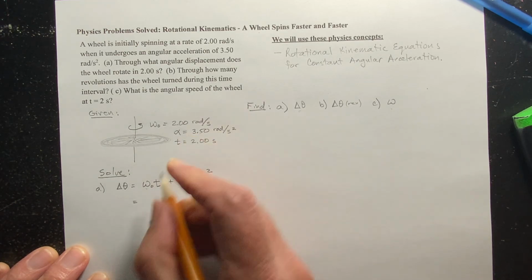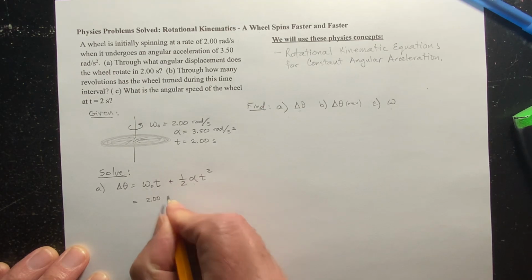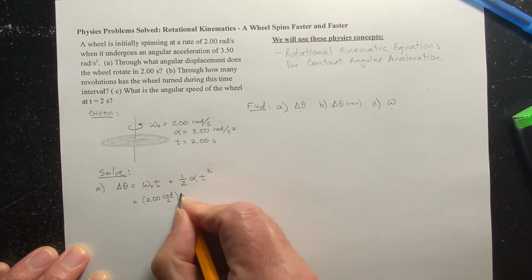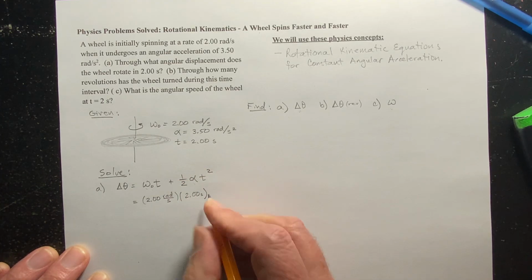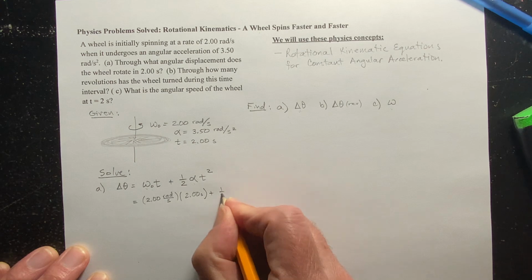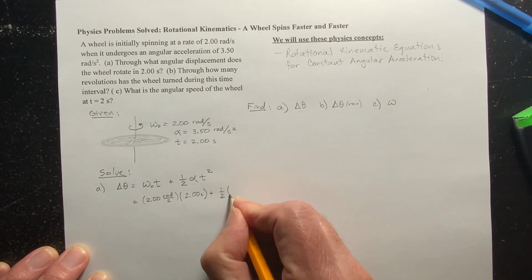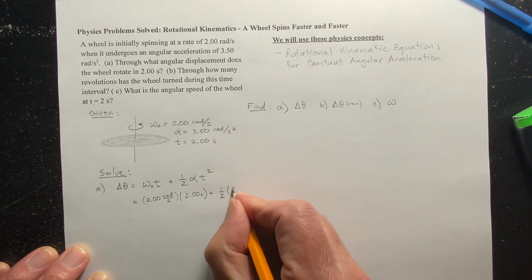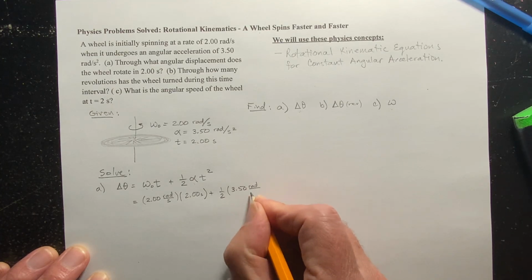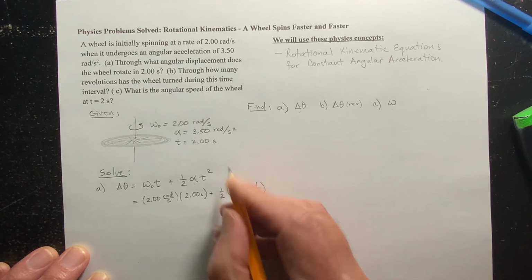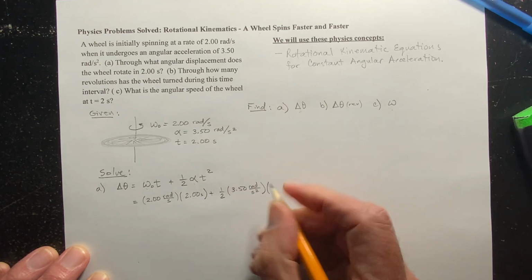Our initial angular velocity is 2.00 radians per second times time, plus 1/2 the angular acceleration, which is 3.50 radians per second squared, times time squared.